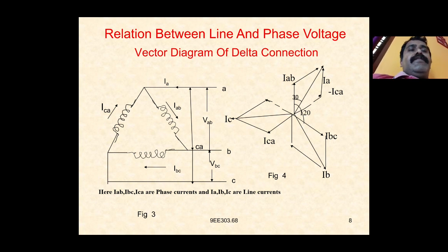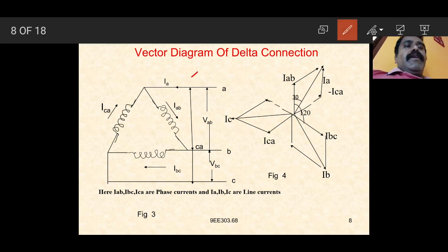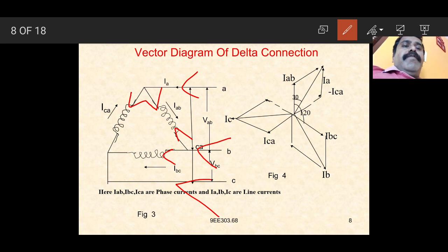The current directions are given: IA, IB, and IC flow here. IA flows in this direction, IB flows in this direction and in this direction, and IC flows in this direction and in this direction.